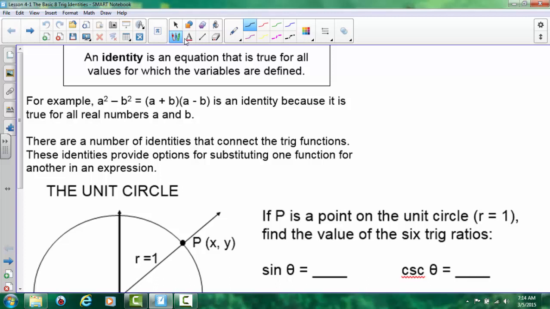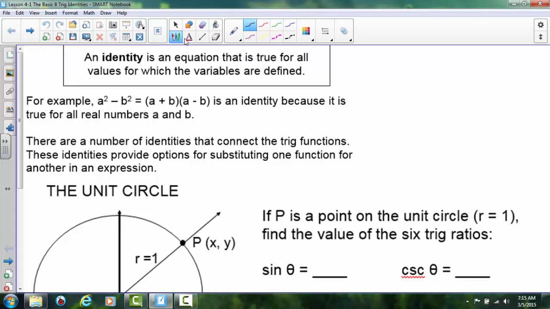Okay. So when it comes to our trig functions, we know that sine and cosine are defined, their domain is all real numbers, so there's not a place where those aren't. But tangent had pi over 2 and the odd multiples of pi over 2 where it wasn't defined. So any of the identities involving tangent would not be true at those odd multiples of pi over 2 because it's not defined.